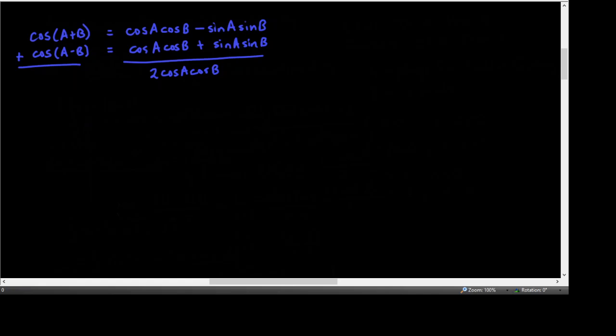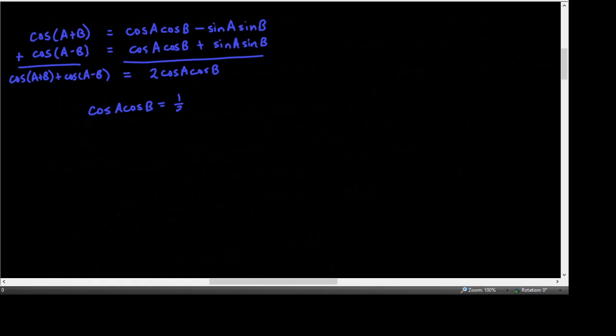So that's equal to cosine of A plus B plus cosine of A minus B. And to get it in the form that's useful for us, I'm going to divide both sides by 2 and switch the sides. So I'm going to get cosine A, cosine B by itself by multiplying both sides by 1/2.